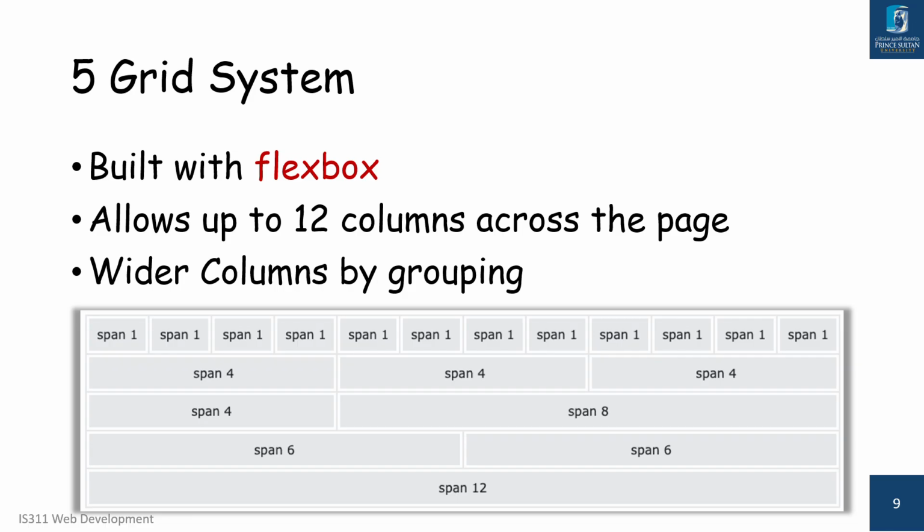So first of all, what we need to do is create a row. So we have a div with class equal to row. You understand? So what we are saying is that we want to create a grid or table-like layout for the elements that we want to display on the page.